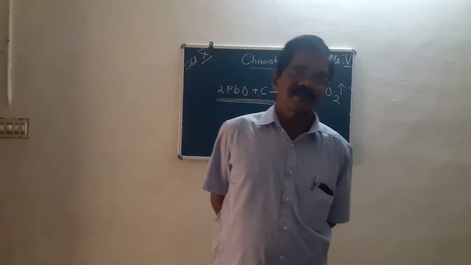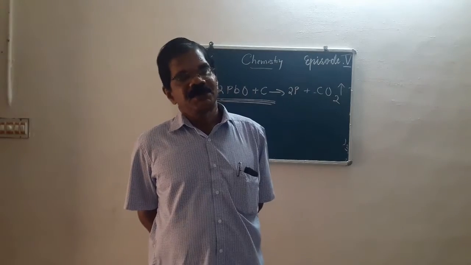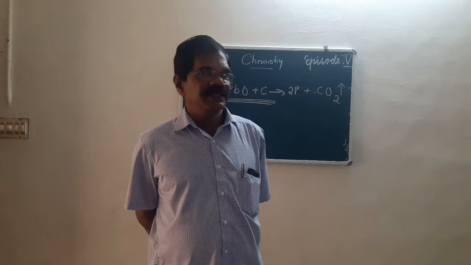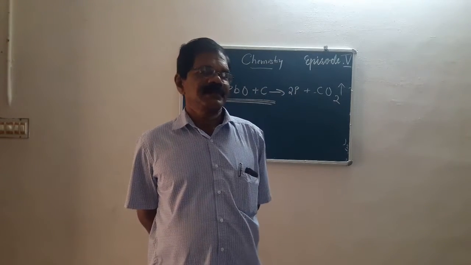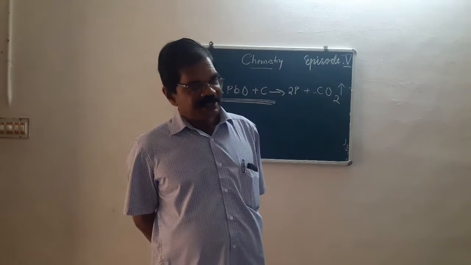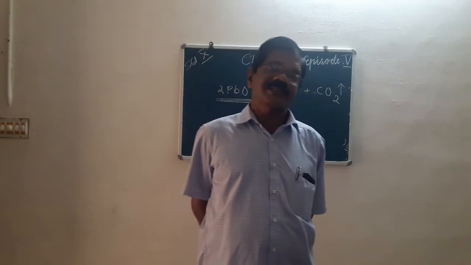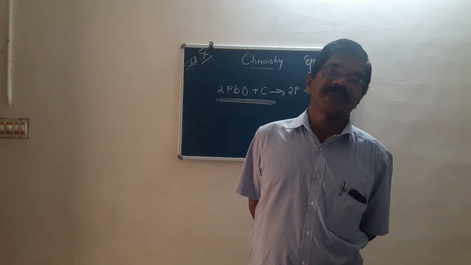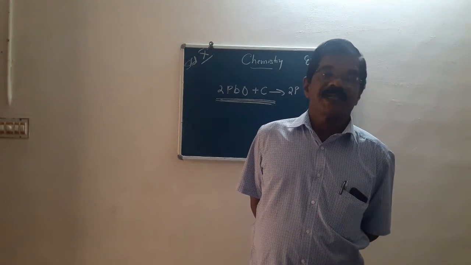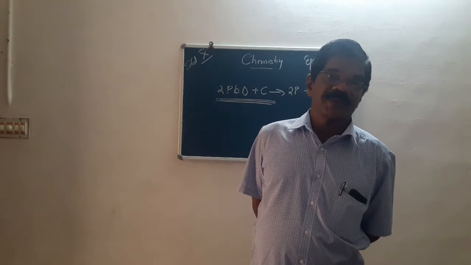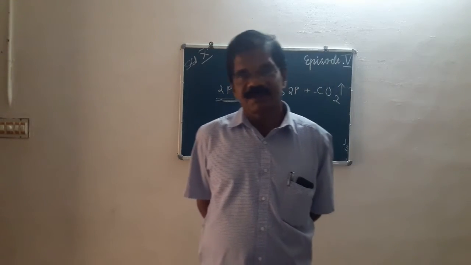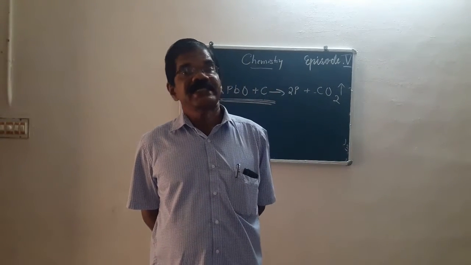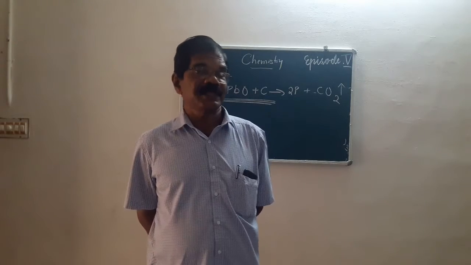Endothermic reactions are the other kind. In endothermic reactions, there are 3 types, where heat energy is absorbed, or light energy is absorbed, or electrical energy is absorbed. You may find examples for each type of reaction.